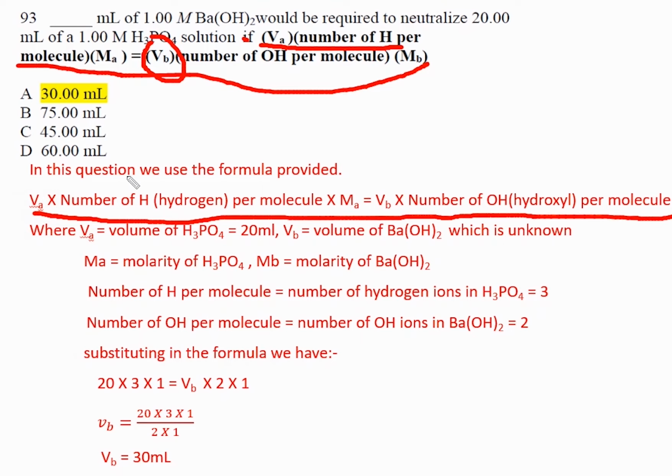Then after writing it like that, you're going to do the substitution. Volume A is the volume of phosphoric acid, which is 20 ml. 3 is the number of hydrogen ions times molarity A, which is given as 1, will be equal to volume B, what you're looking for, times 2, the number of hydroxyl ions in barium hydroxide, times 1, which is the molarity of the barium hydroxide.